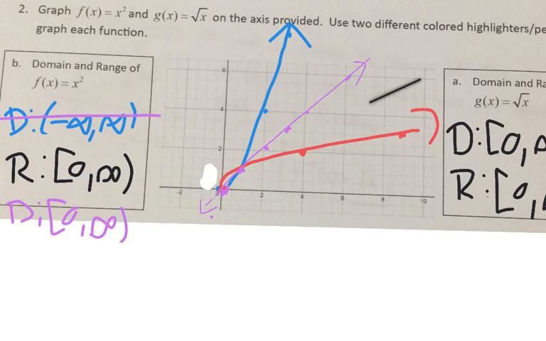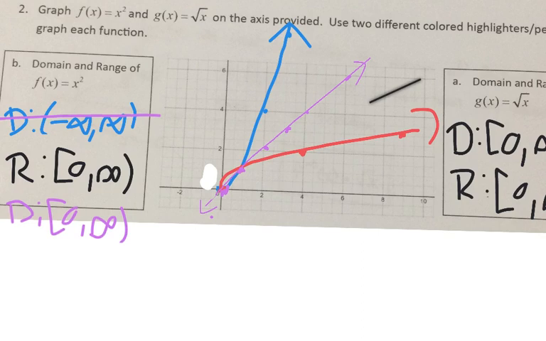What we're learning here is anything that is symmetrical over the line y equals x, those are called inverse functions of each other. If I can draw the line y equals x and it folds over that line to map onto the other graph, then we have symmetry with respect to y equals x, and we know the two graphs are inverses of each other.